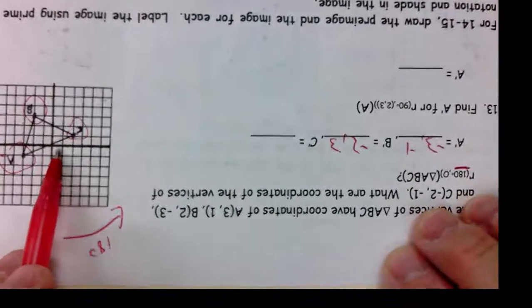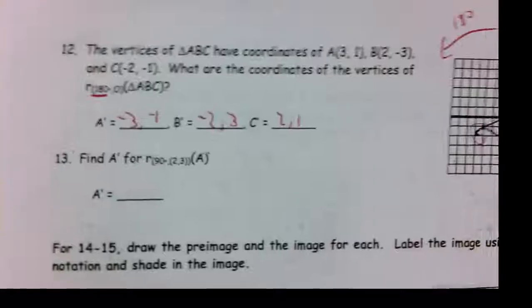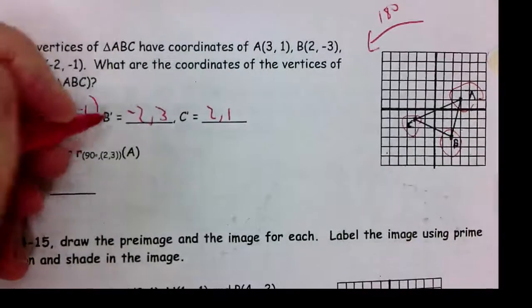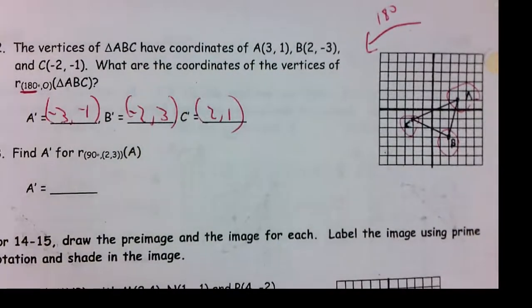And C ends up right here at positive 2, positive 1. Let's rotate it back. It didn't ask me to draw the image, it just wanted the coordinates of the image, and we now have them. Let's look at number 13.